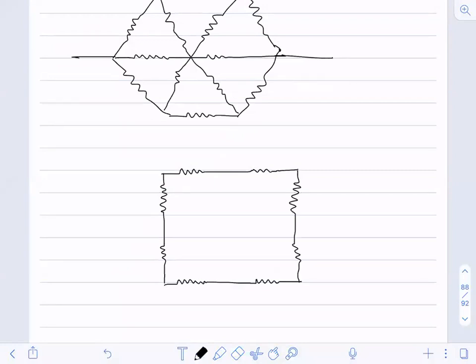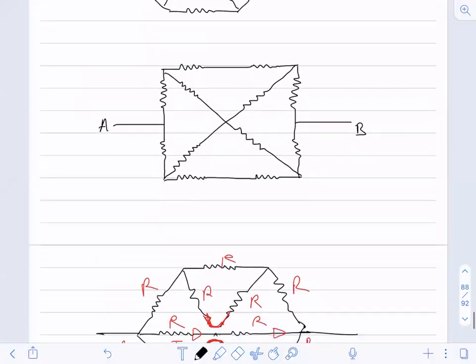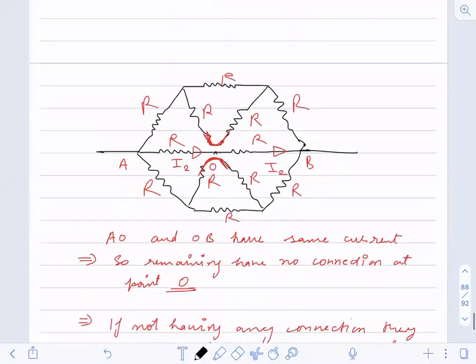This is the circuit that is given to us. This is A point, this is B point. Now we are asked to calculate the equivalent resistance across point A and B.